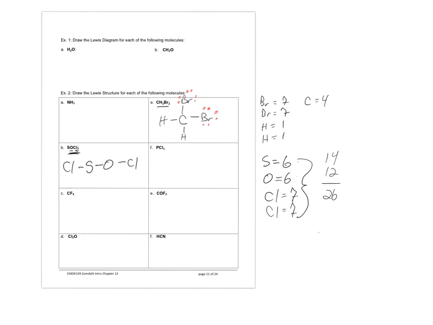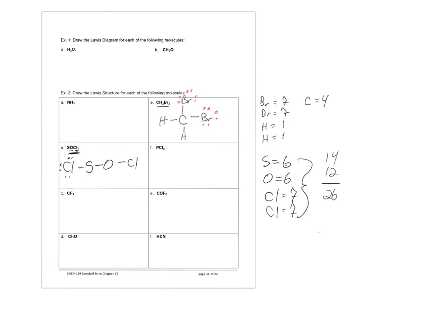Let me go ahead and get rid of those marks and say, well, I've got to put 8 electrons around each of these atoms. None of these are hydrogen. None of these are lithium. Hydrogen is the only one that could make a bond and have a full octet completed. So here's 2 for chlorine, 3, 4, 5, 6, 7, 8.